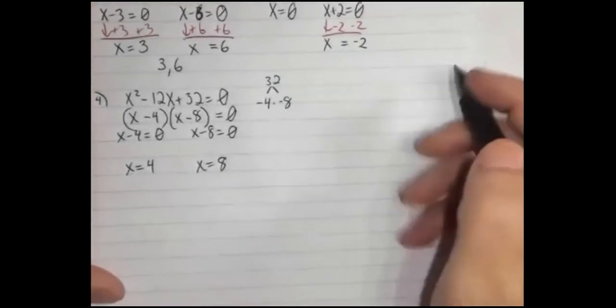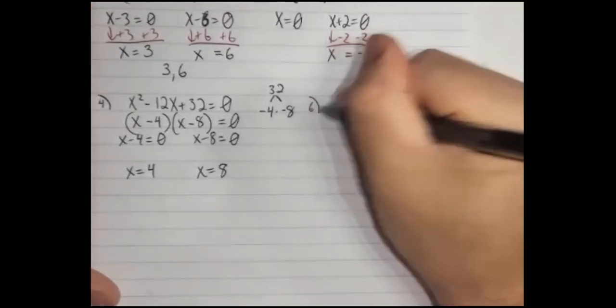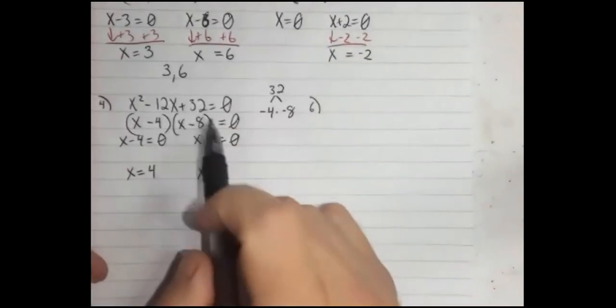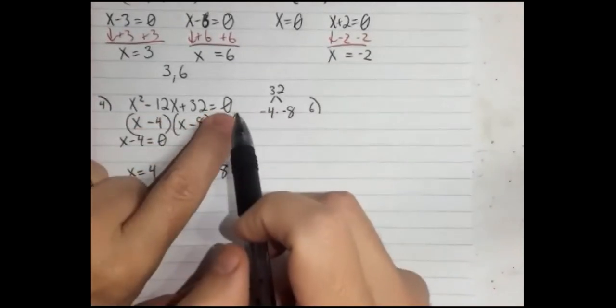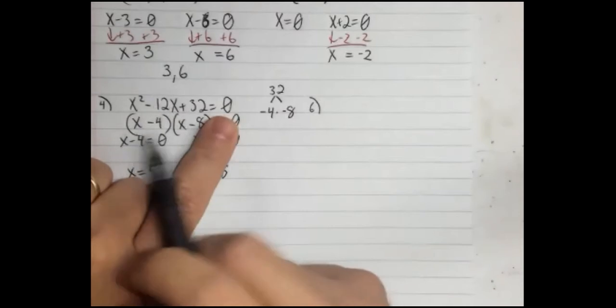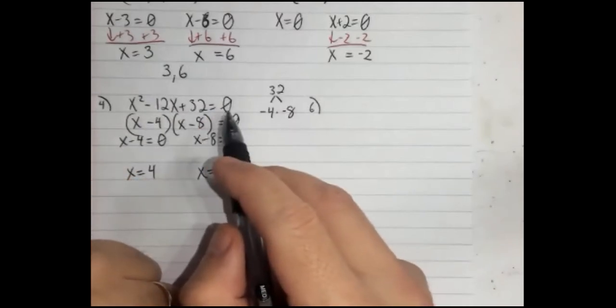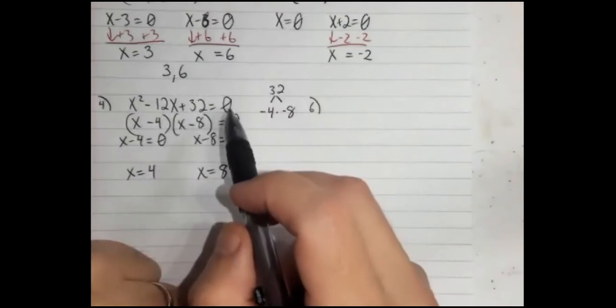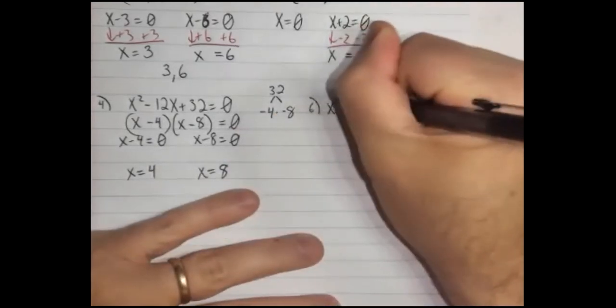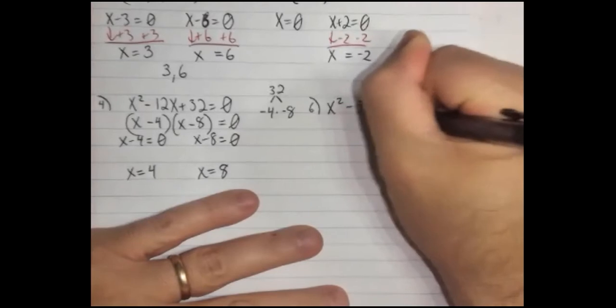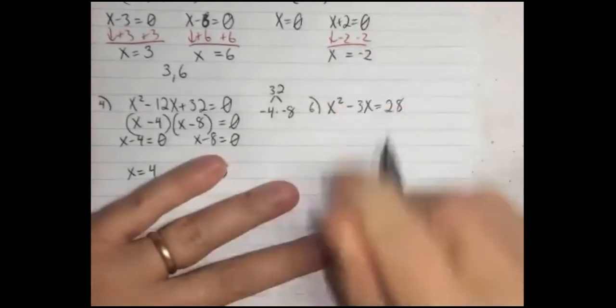All right, the next type of problem, I should have prefaced this to begin with. What you need on this right side is 0 for every single one of these before you start. So if there's a value that's not 0 here, we need to make it a 0. In other words, let's look at number 6.